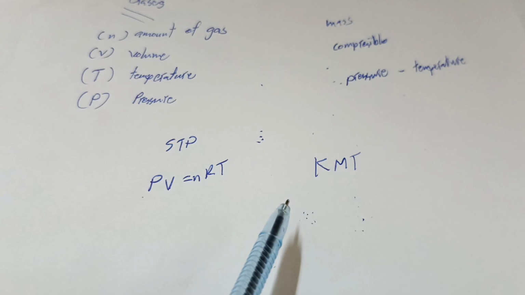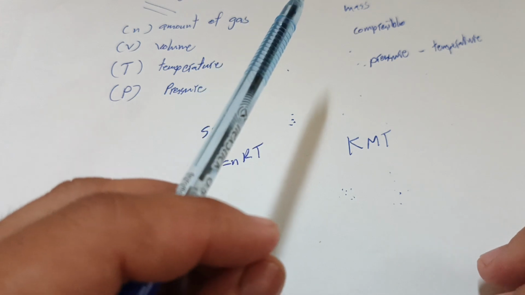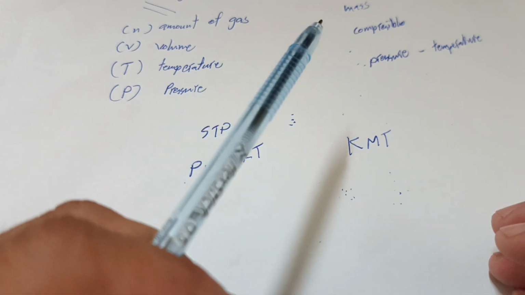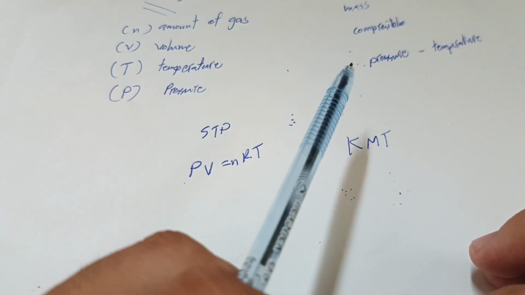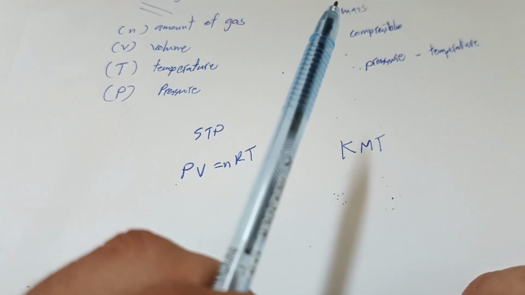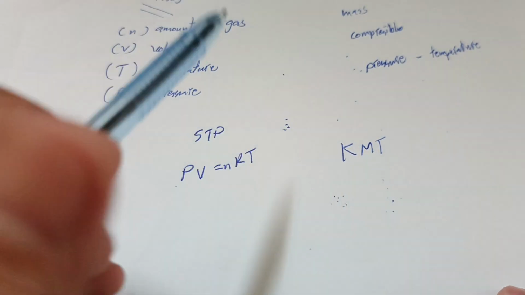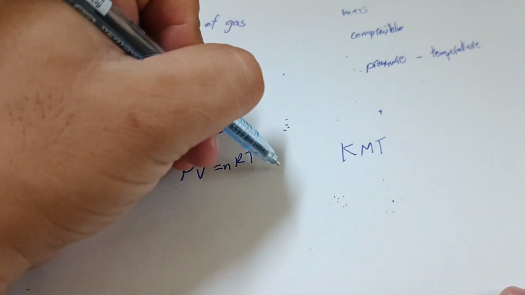This means that gas particles keep on colliding with each other and with the walls of the container without slowing down. We call it elastic collision. In a perfectly elastic collision, no energy of motion is lost. For example, we have one particle here, another particle here.